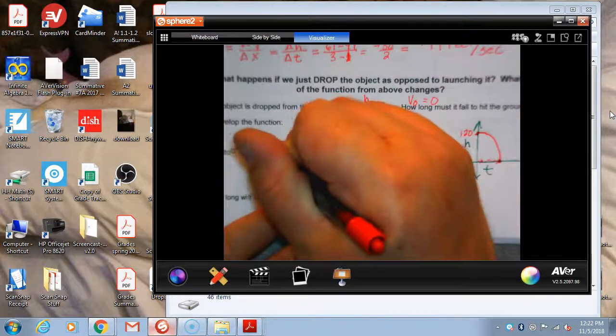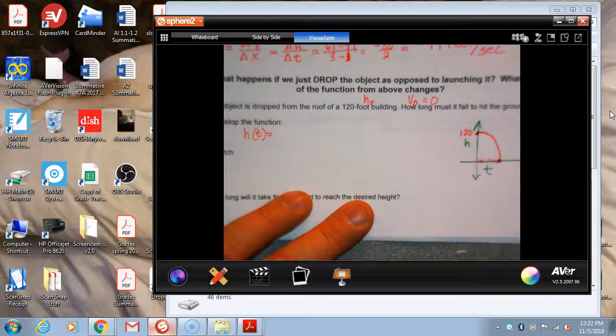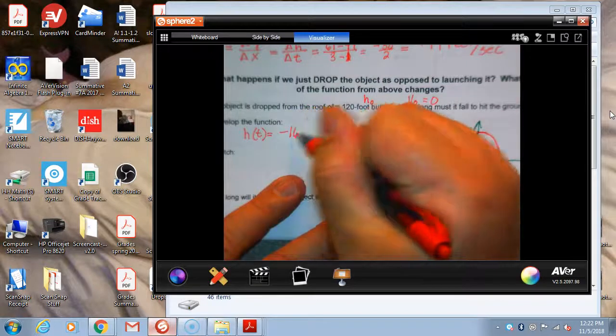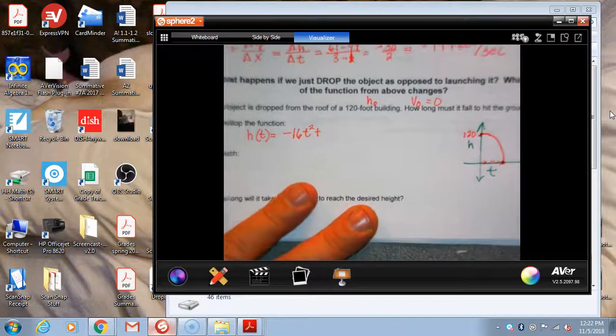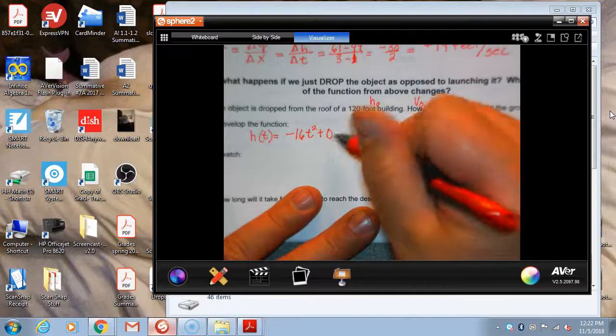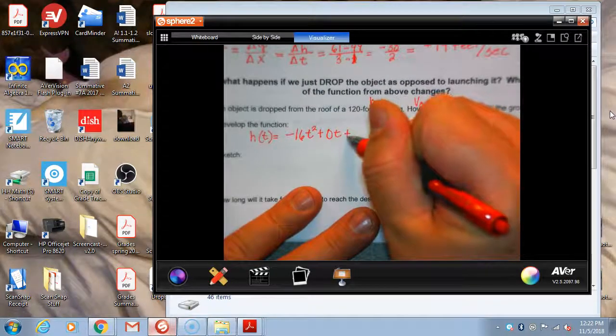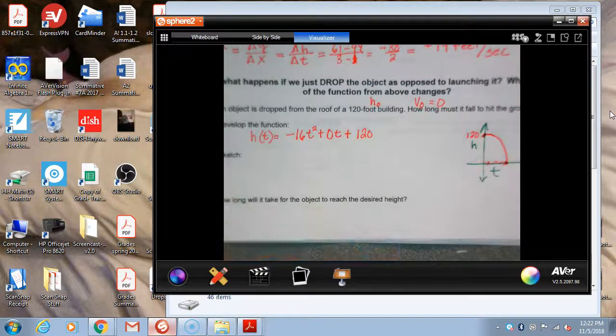So we have h of t equals negative 16t squared plus our initial velocity, 0 times t, plus our initial height, 120.